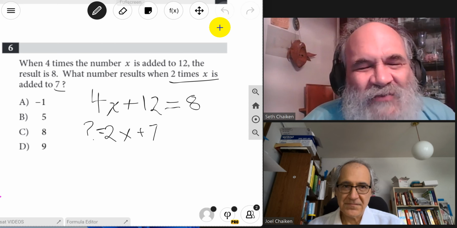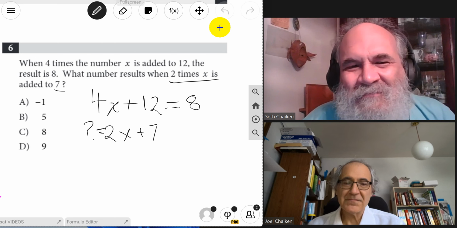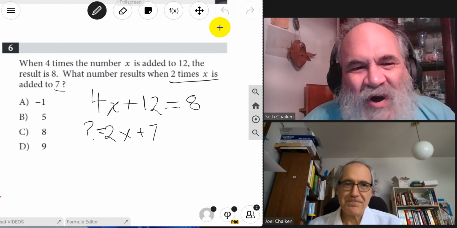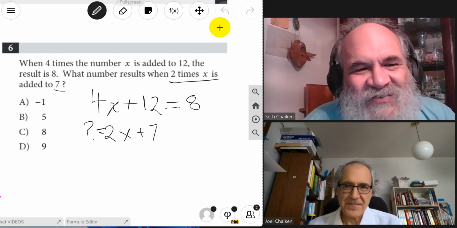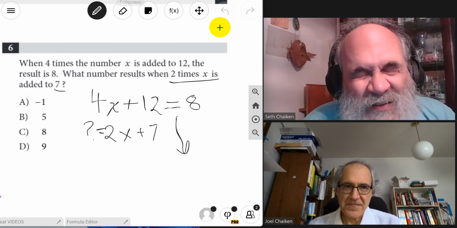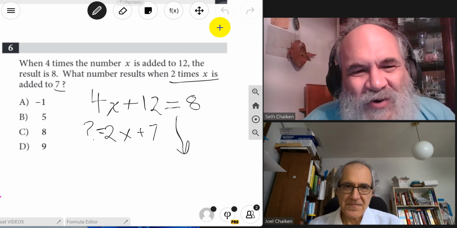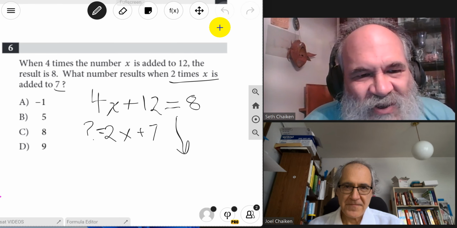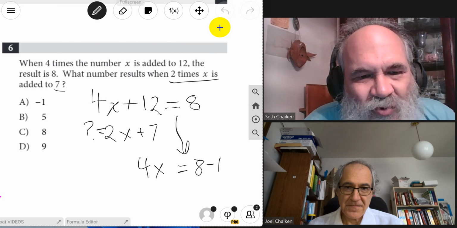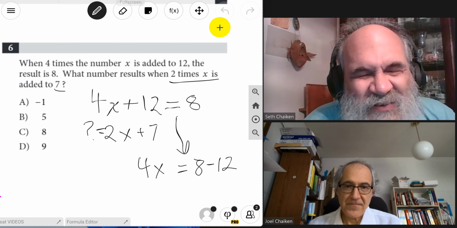So you solve for 2 times x. Well, how could you solve for 2 times x? Take the data that's given and simplify it. Subtract 12 from both sides, and we get 4x equals 8 minus 12. And the 8 minus 12 is easy to simplify.